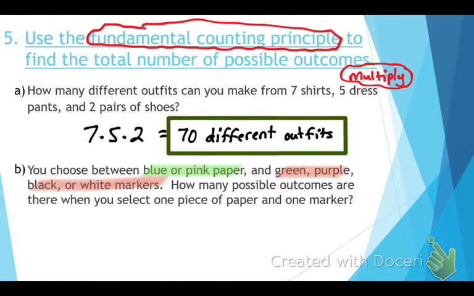How many possible outcomes are there when you select 1 piece of paper and 1 marker? Guys, how many pieces of paper were there? 2. How many markers were there? 4. What should I do with those? So the answer is 8 what? 8 different outcomes.